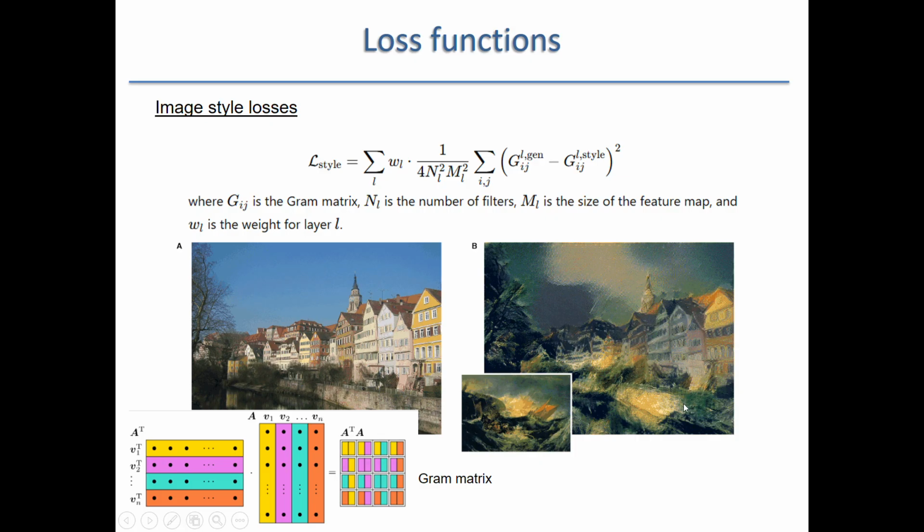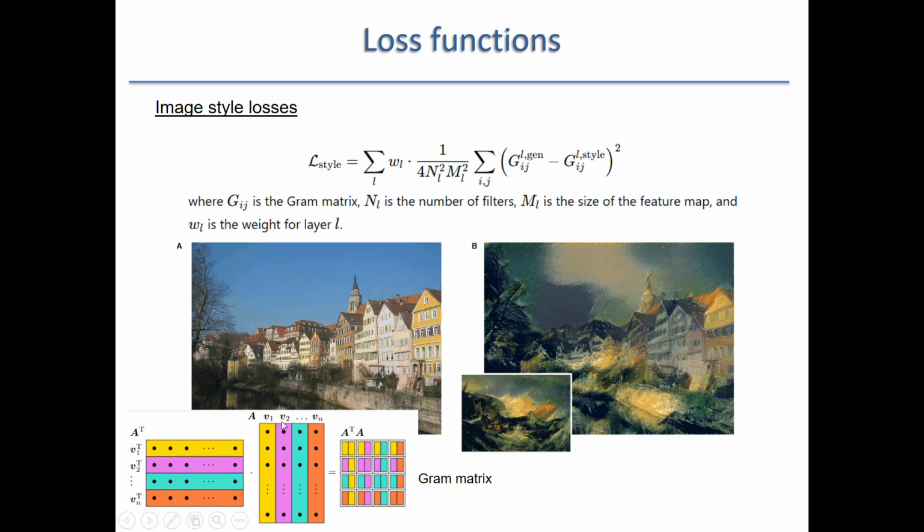So what kind of losses can you use there? For every layer in your network, you can compute what is called the Gram matrix, and you want the Gram matrix of your generated image to be similar to the Gram matrix of your style image.